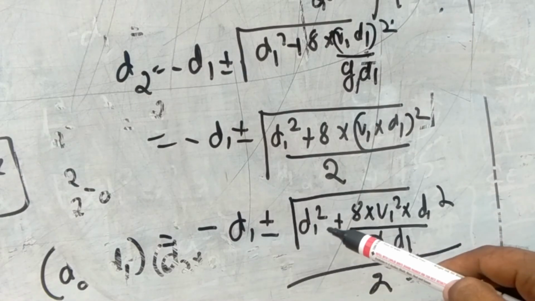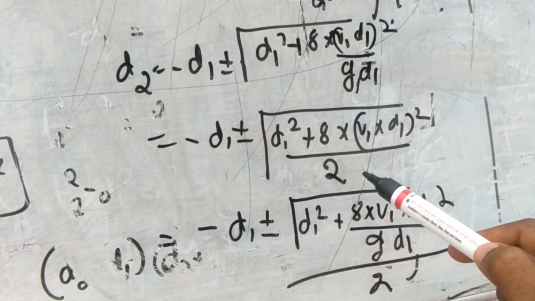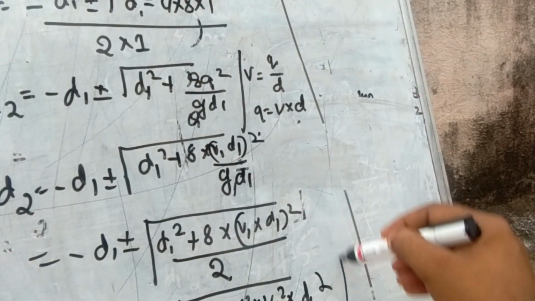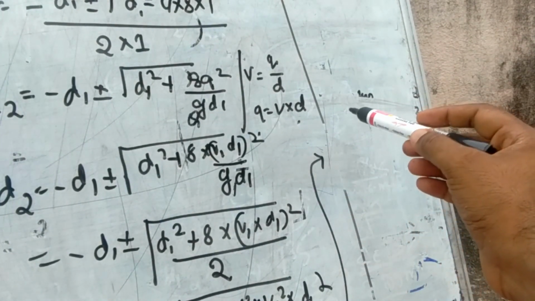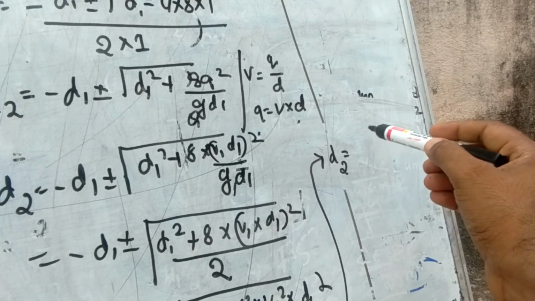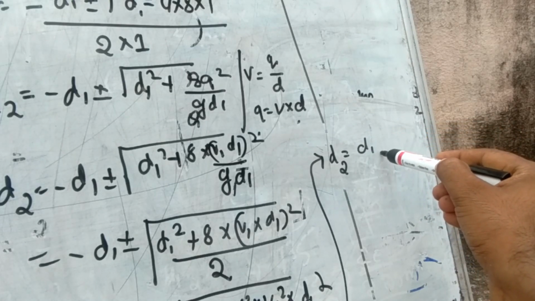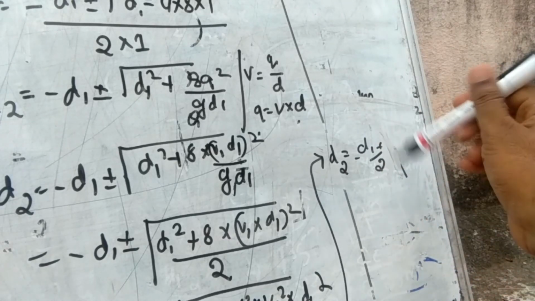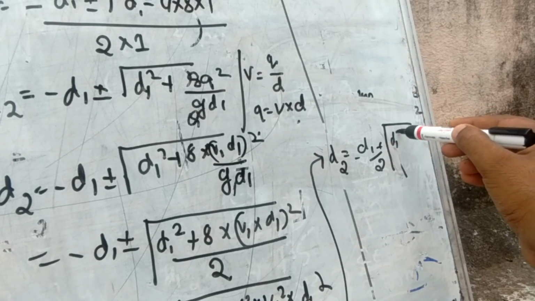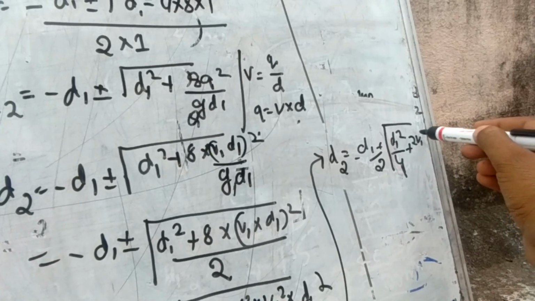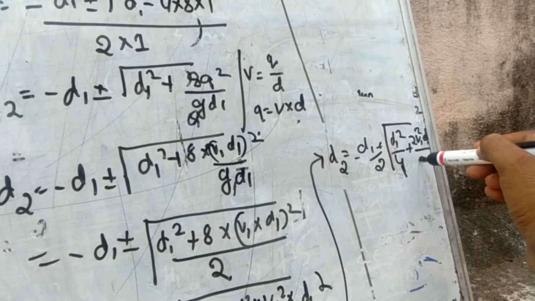So here it becomes 4 when divided by 2, and the final equation we get is d2 is equal to minus d1 by 2 plus root of d1 square by 4 plus 2 v1 square d1 divided by g.